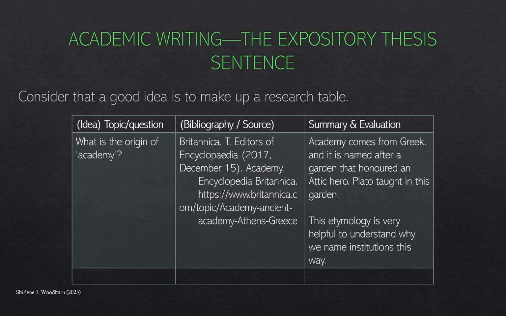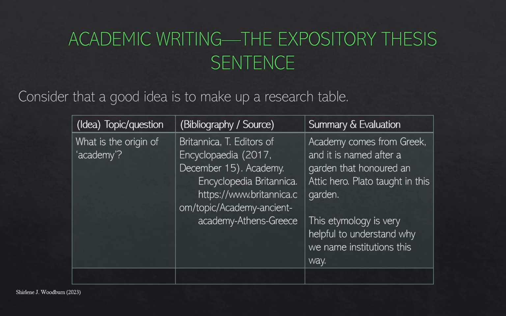Your research table looks like this. You have the ideas from your topic or question that you're writing about. Then you have your bibliographic source and a summary and evaluation of each research item or result.